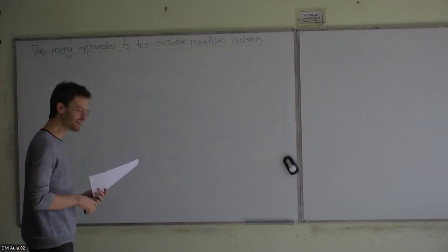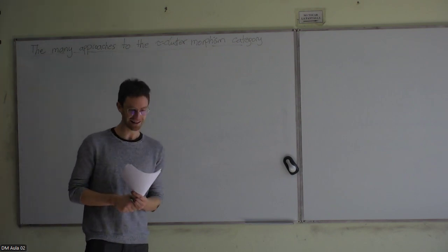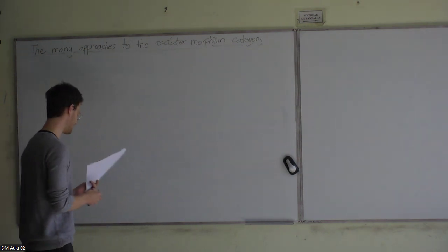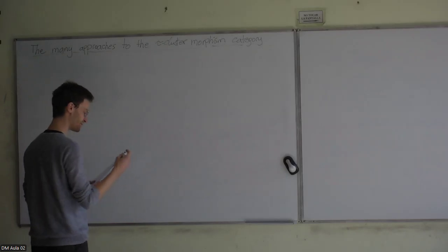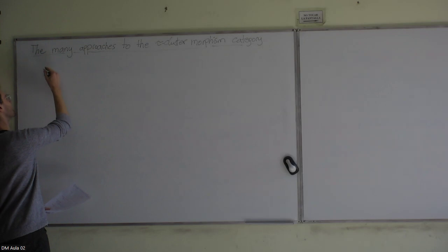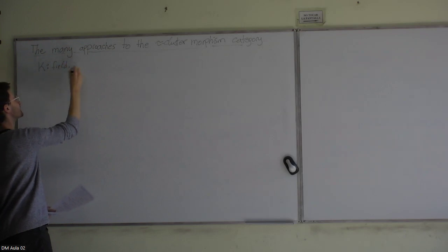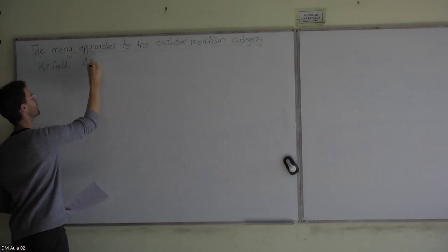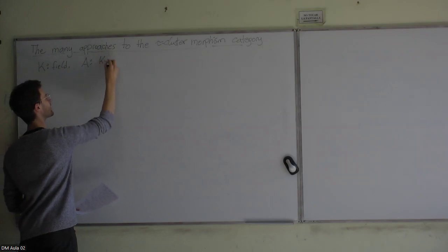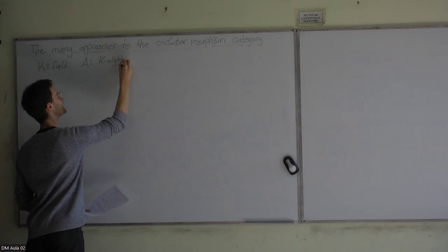So I'll start very elementary. If you have any questions at any point, please feel free to ask. Just so we're all on the same page, let me fix some notation or some setting. So we have K, which will be a field, A, which will be a finite dimensional K algebra.